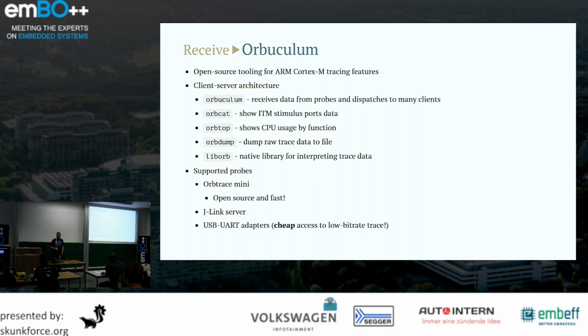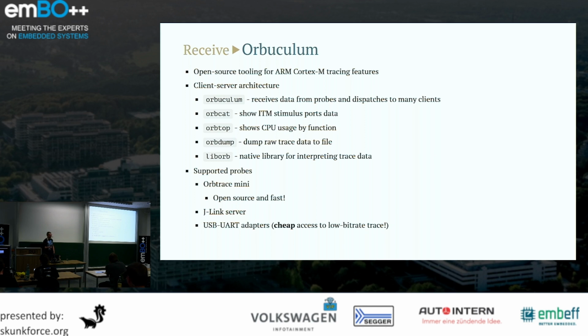And for that processing, we can use a native C library that handles all the decoding of trace data and gives us just structures with data, a stream of structures from a stream of bytes. Orbuculum supports several hardware trace probes. There's of course support for OrbTrace Mini, which Niklas showed us yesterday. It's the trace probe from Orbcode, and it's fast.